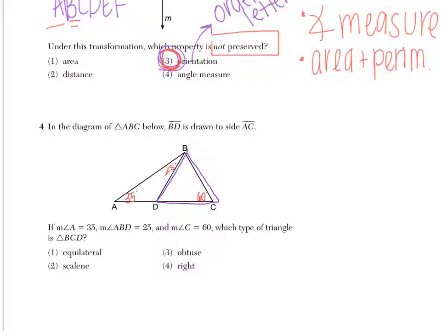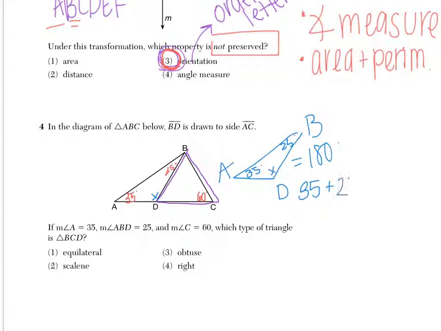So my first step is to figure out this angle here, angle ADB. My reason for finding that angle first is because I noticed that I have this triangle, ADB, where 2 angles are already given, 35 degrees, 25 degrees, and say X. So what I can do is remember that 3 angles in a triangle sum to 180. 35 plus 25 plus X equals 180. 35 and 25 sum to 60.